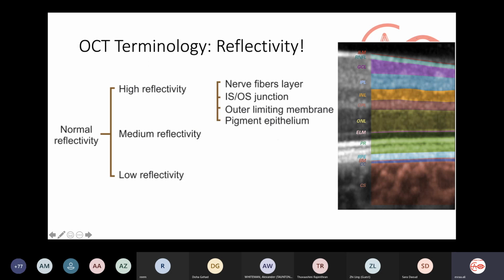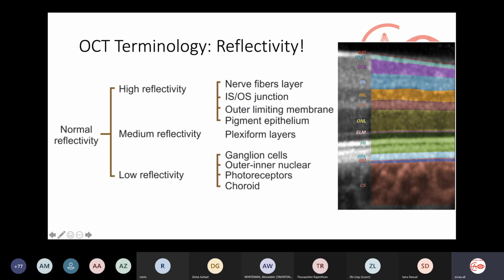So normally, the structures that are hyperreflective are the nerve fiber layer, as we said, the inner segment, outer segment junction, or the photoreceptor integrity line, the external limiting membrane, and the RPE because it's full of pigments. Then the medium reflectivity will be your plexiform layer, and the lower will be the layers that have the nuclei of the cells.